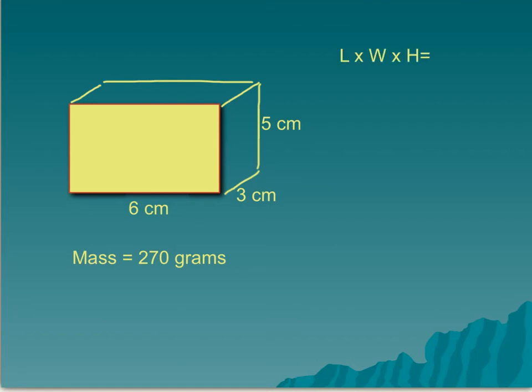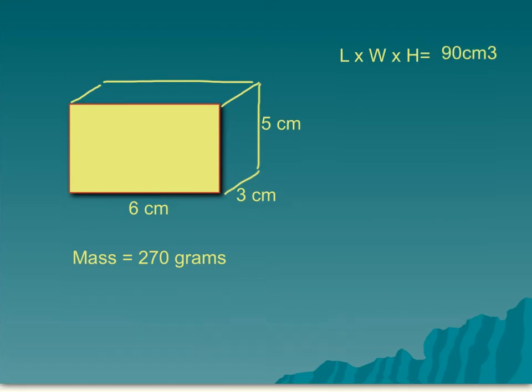Remember, if we want to find the volume of a regularly shaped object, let's say a cereal box, we need to find the length times the width times the height. That will give us the volume. In this case, 6 centimeters times 3 centimeters times 5 centimeters equals 90 centimeters cubed.